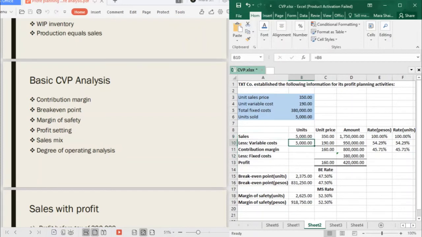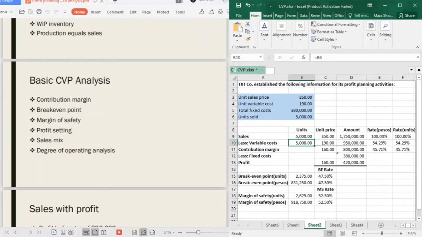So you have here already your sales. Your sales is 5,000 units. So meaning, of course, your variable cost units is also 5,000 because again, you have the assumption that production equals sales. So mo nang same na ang imuhang sales o variable cost na units because of that assumption.